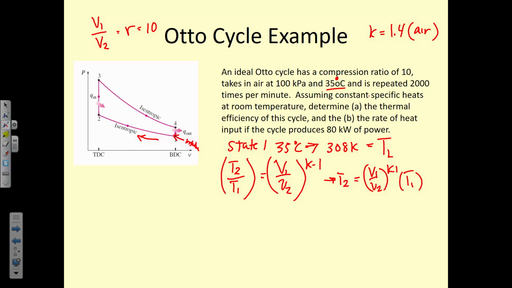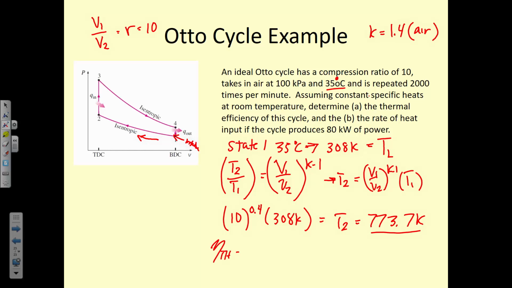If we plug in the numbers, our compression ratio is 10. So we have 10 to the 0.4 multiplied by 308 Kelvin. That gives us T2 equal to 773.7 Kelvin. So then our thermal efficiency is equal to 1 minus T sub L over T sub H, which is equal to 1 minus 308 over 773.7 Kelvin, which gives us a thermal efficiency of 60.2%.